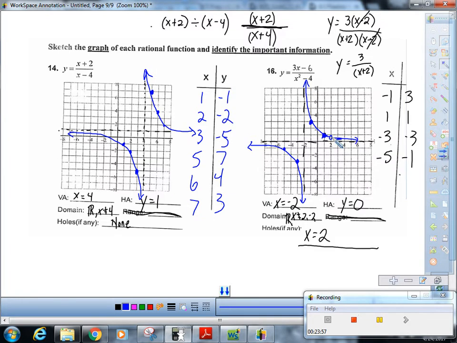And what that is indicating is you are not able to put in a 2 for x. Because if you go back to the original equation and put a 2 for x, your calculator gives you an error. And that's why there's this little hole there. And that's why it's not an asymptote, because you could remove it.